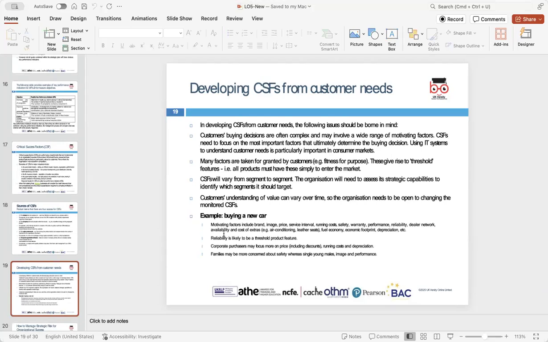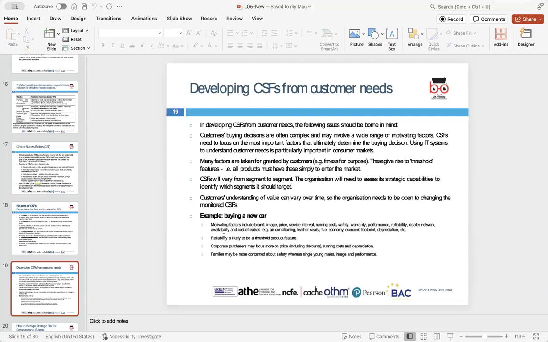Understanding customer needs and developing CSF. When developing critical success factors from customers' needs, several important considerations should be kept in mind.